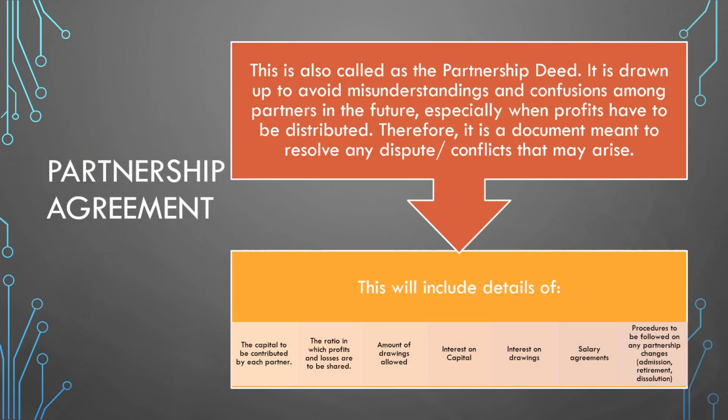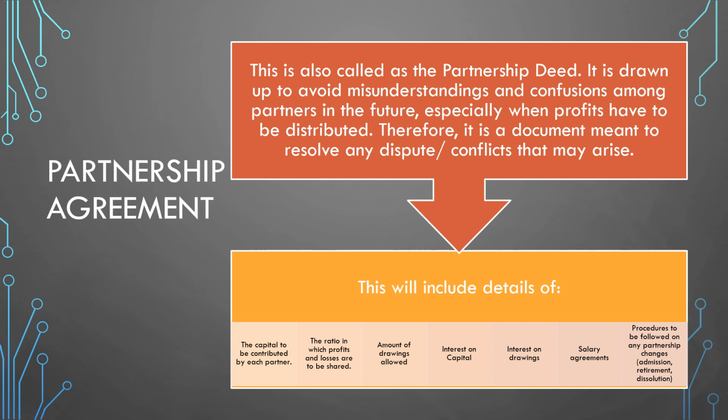The partnership agreement, also called a partnership deed, is drawn up to avoid misunderstanding and confusion among partners in the future, especially when profit has to be distributed. Therefore, it is a document meant to resolve any dispute or conflict that may arise. So it's actually very important to have this partnership agreement.